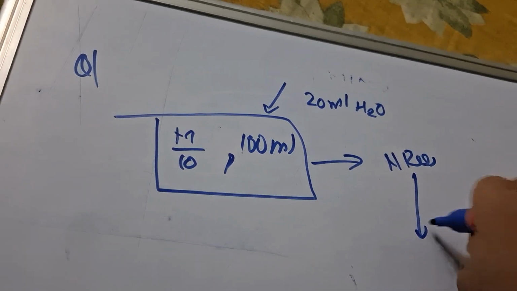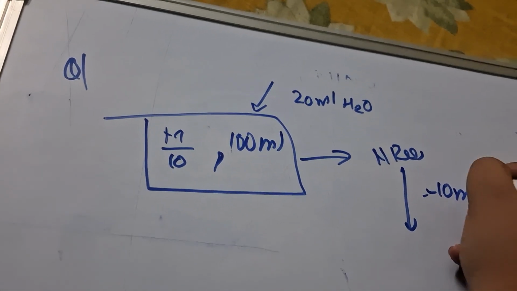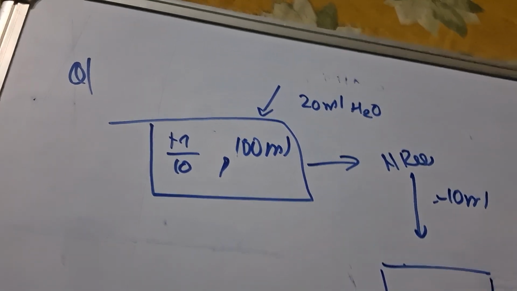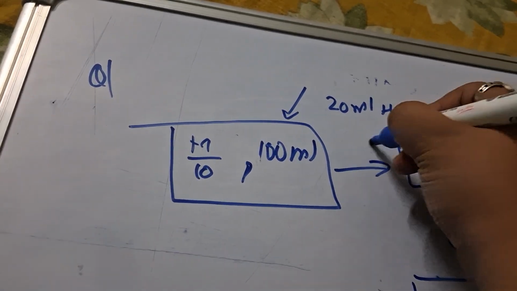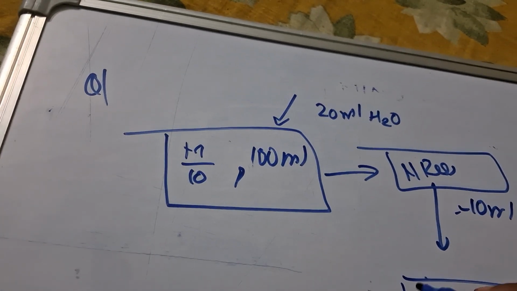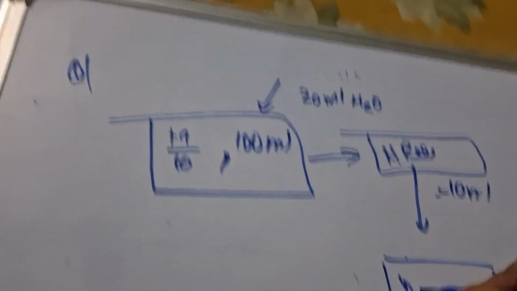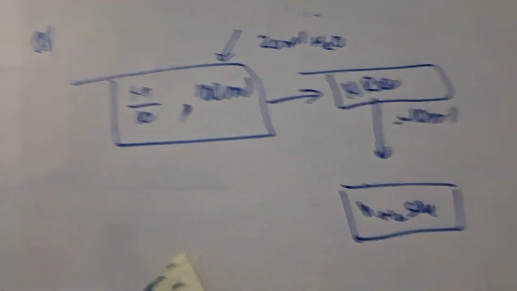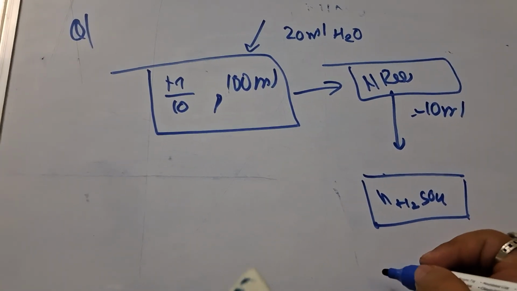Now you take 10 milliliters out of that, then you have to find the number of moles of H2SO4.